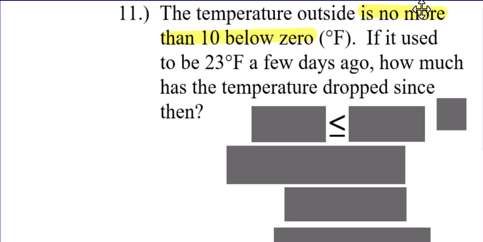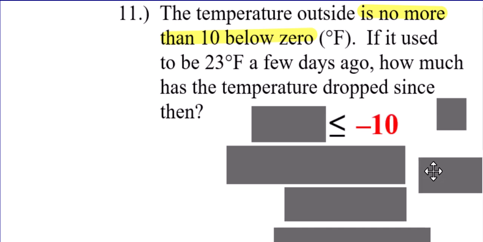Well, since it's to the right of the words no more than, you need to keep it to the right. But did you catch the fact that it's below 0? Temperatures below 0 are negative temperatures. Oh, if you got that wrong, feel free to hit pause. Fix it, and that might change your answers underneath as well.